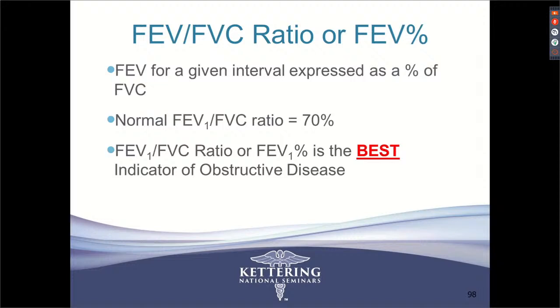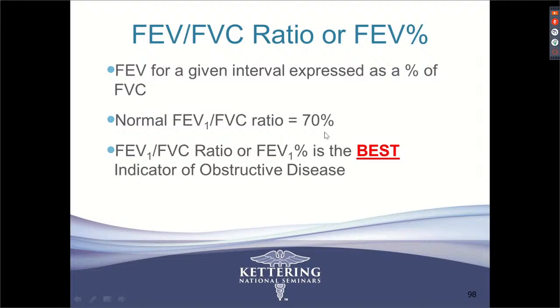It says that if the FEV1 is decreased, but the FEV1 to FVC ratio is normal, then the patient has restrictive disease only. So in other words, if the FEV1 says you've got an obstruction, but the FEV1 to FVC ratio is within normal limits, at least 70%, then the ratio trumps the FEV1.